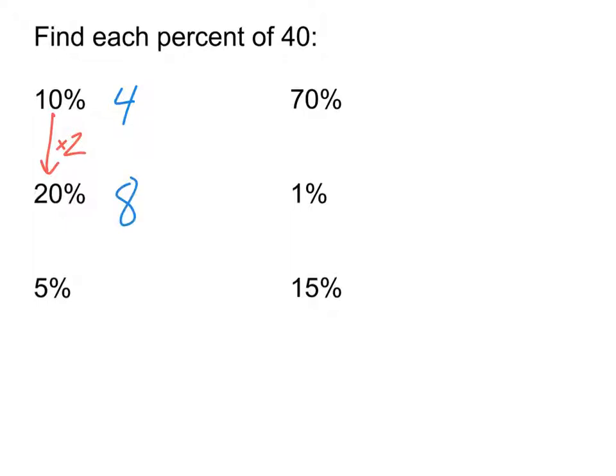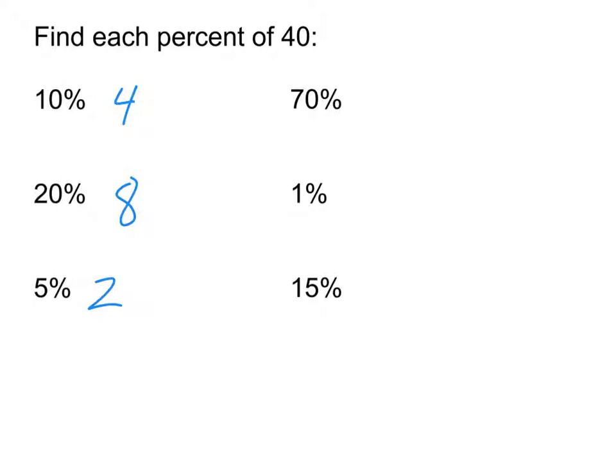Okay. So then what if we want to go to 5%? That's half of it, so we can divide it by 2. So that's going to be 2.